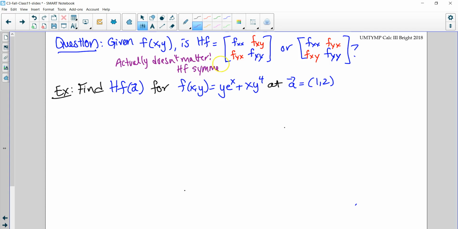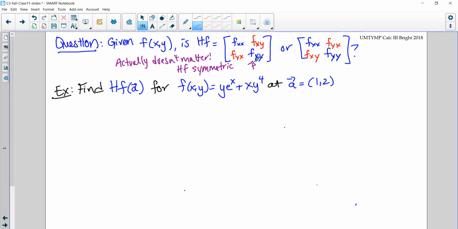Okay, so I mean, there is a good order, but it really doesn't matter. When I did it, I believe I used this first notation, right? I put the second derivative that contained x in the first column, and then the second column was the second derivative of f with respect to y. Okay, so I believe I used that first notation.